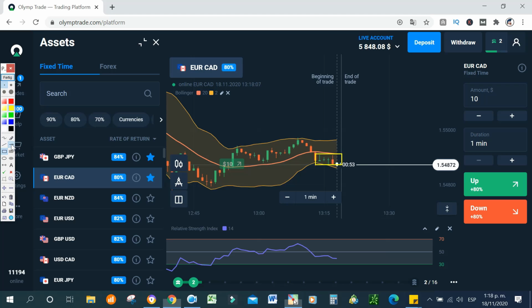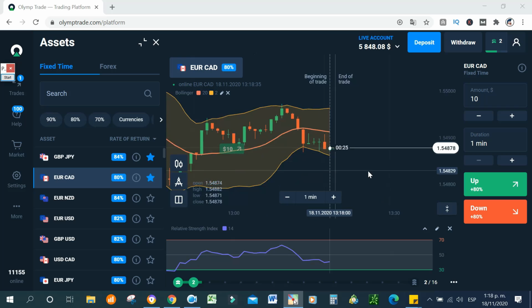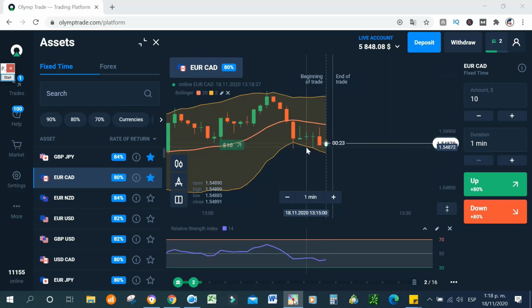This candlestick is very near the lower Bollinger Band, and we also have the RSI on the 30% side. It is white, so what I think is that the price is rejecting this level.